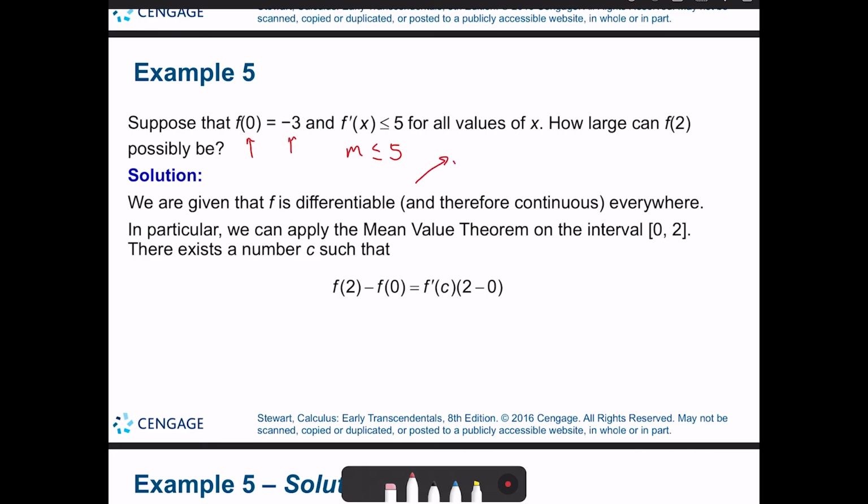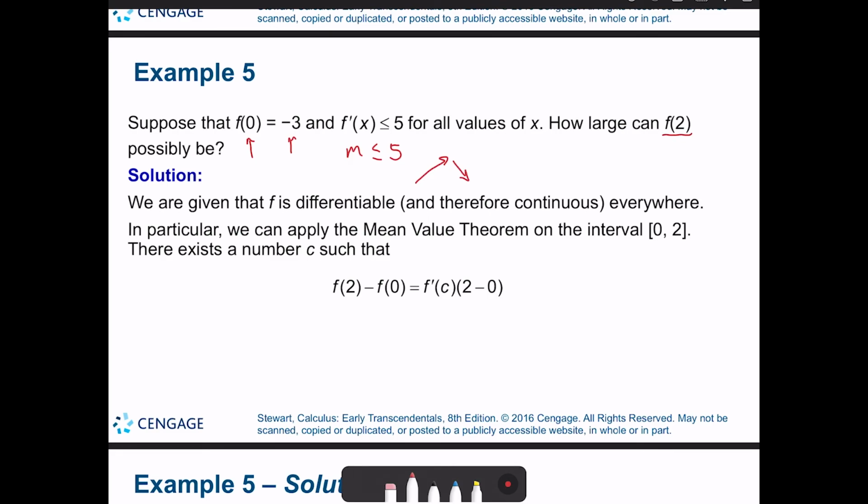I suppose it could be a decreasing function. It's not going to be a function that curves up like this, because here my slope is much greater than 5, right? That's too steep. So I'm going to get rid of that. And I'm going to end up somewhere over here at f of 2.